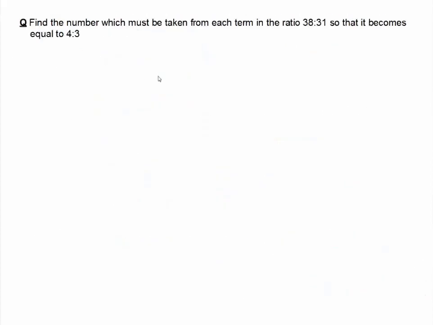So let's do another problem. This question says, find the number which must be taken from each term in the ratio 38:31 so that it becomes equal to 4:3. So we start with saying let the number be x.